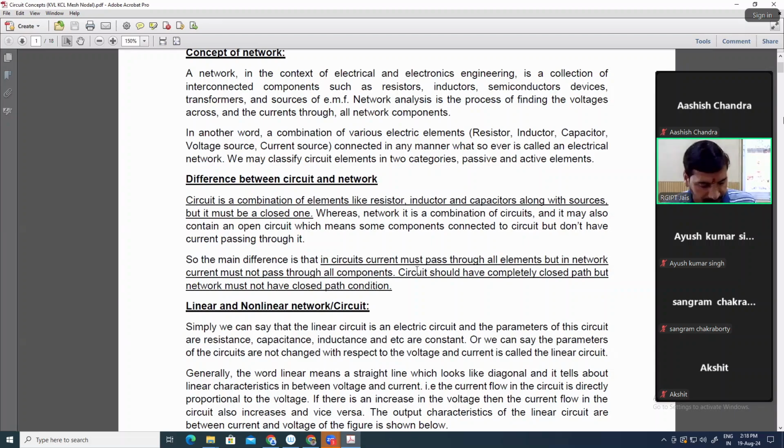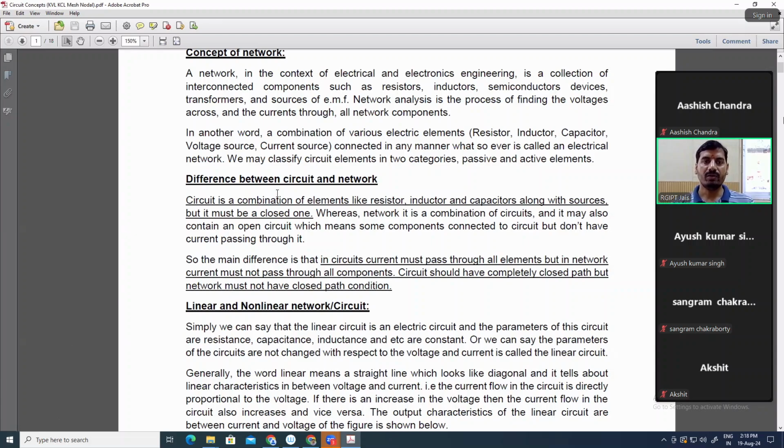Because it has some energy, and if we introduce it in a circuit, our device will activate. So a direct and indirect example of an active element is the transistor also.